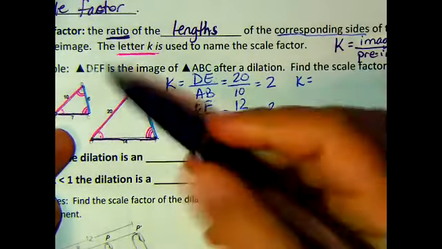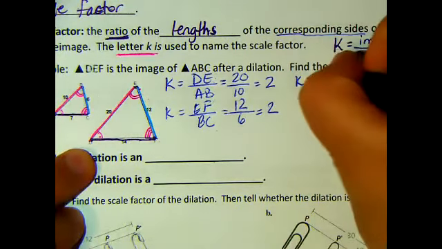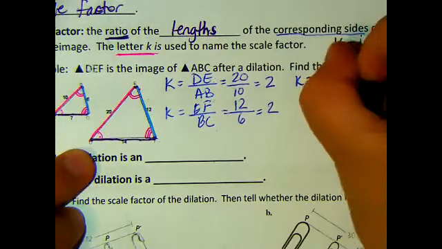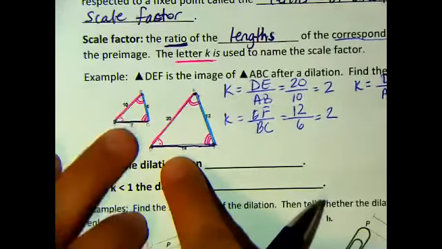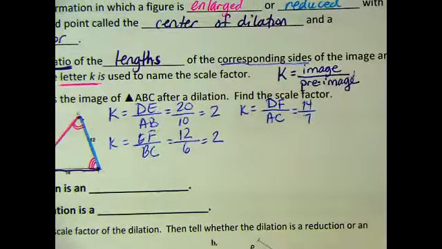Okay, even with the third side, this should work. So if I do my image DF over the pre-image AC, that's 14 over 7. And that's also going to simplify to 2.